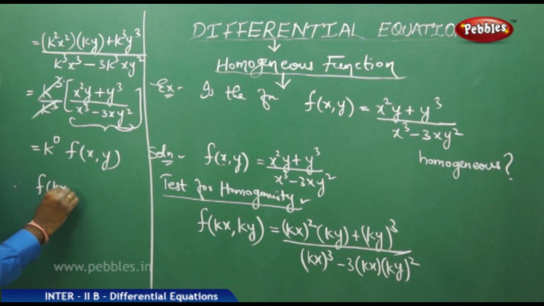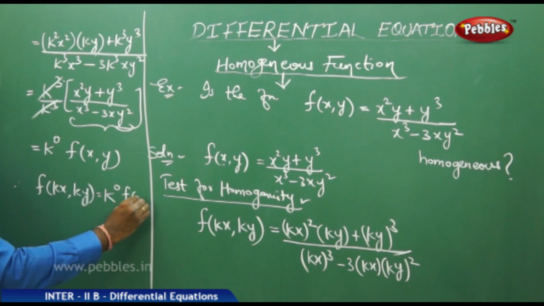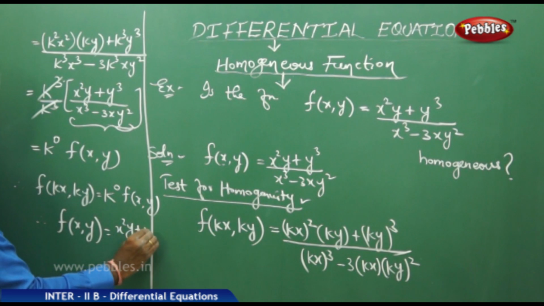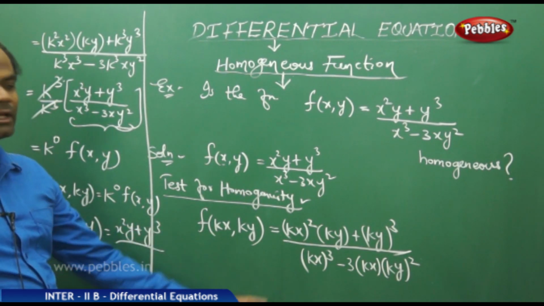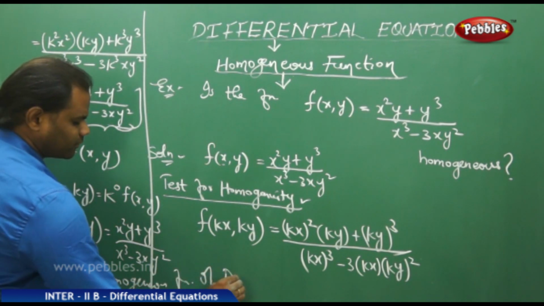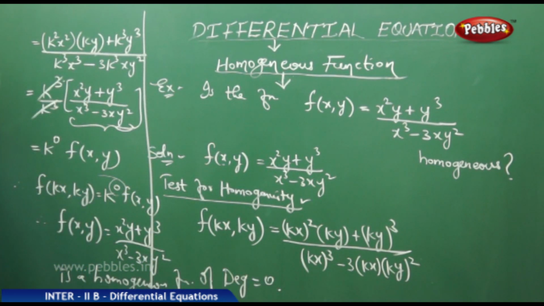Therefore, f of kx ky is k power 0 times f of xy. Therefore, f xy given by x square y plus y cube by x cube minus 3xy square is a homogeneous function of degree 0, because the power of k is simply 0.